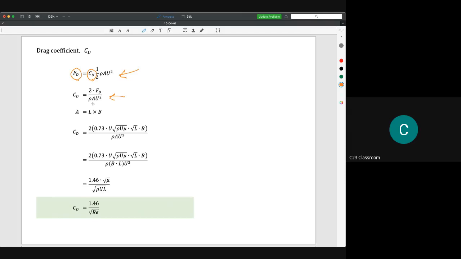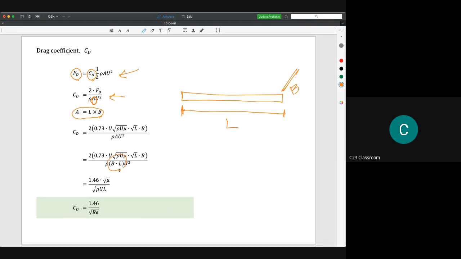And A here is actually the total area of that plate. For example, we have a plate here, and we assume that the total length is L and the width is B. So now we can substitute the value of A here with L and B.